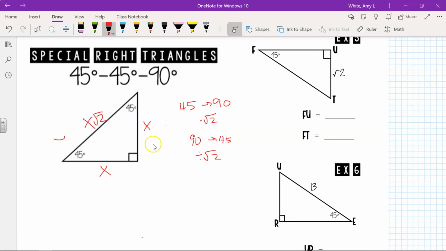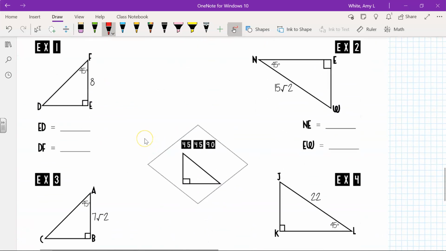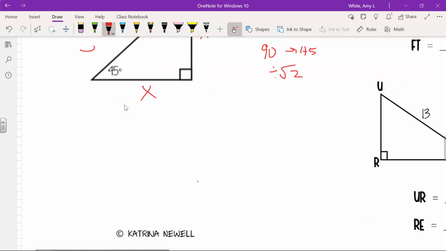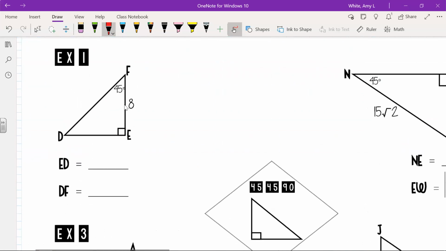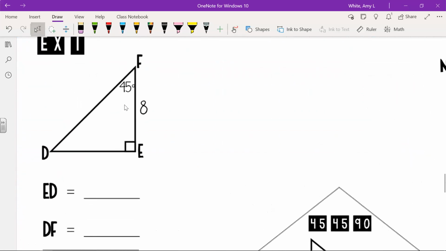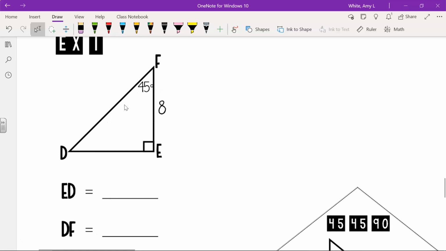So let's try some examples. We're actually going to start by going down to example 1. In example 1, we have segment FE with a length of 8. Now we notice that FE is one of the legs. So right away, I know the other leg is also going to have a length of 8, so that would be ED.